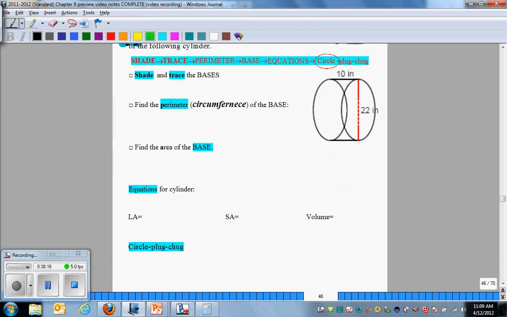Let's shade and trace the bases. So my bases here, of course, are the 2 circles. So I've identified my base here. Now, shade, trace. I want to find my perimeter, which in this case is circumference.